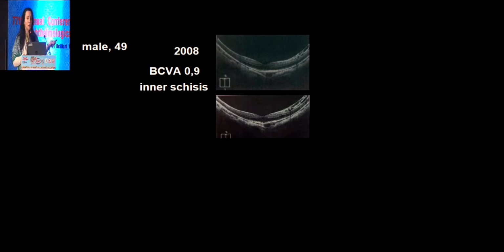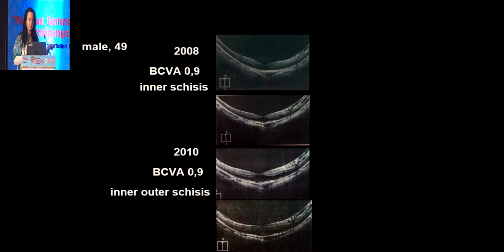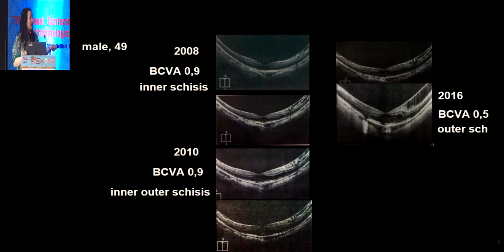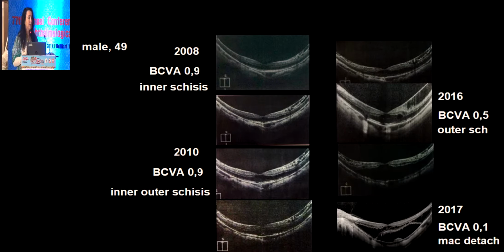Look at this male at 49 years of age. He has almost no signs of MTM, but he develops inner schisis, and then inner outer schisis, and then outer schisis, and then detachment. So from 2008 to 2017.